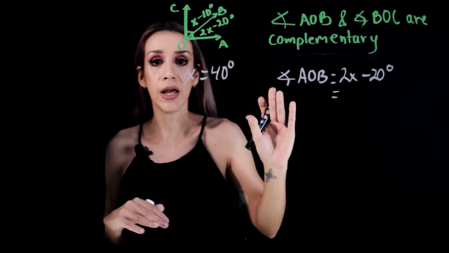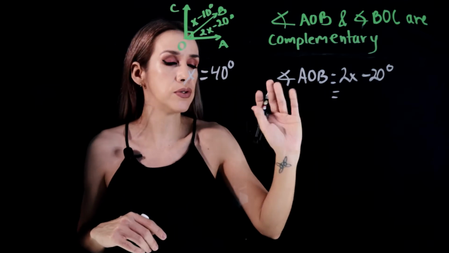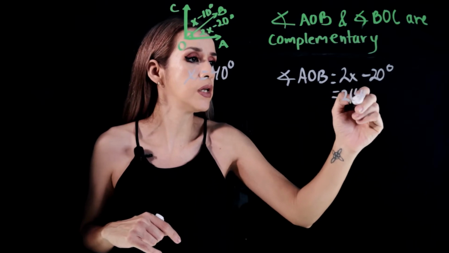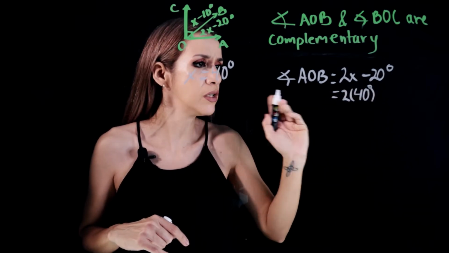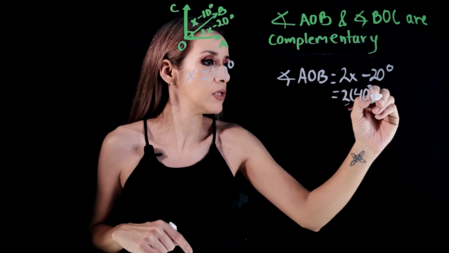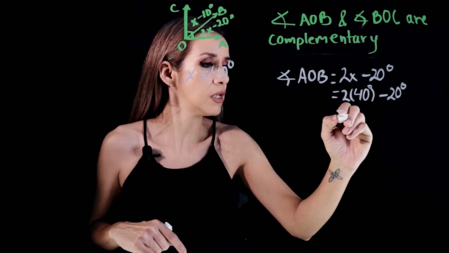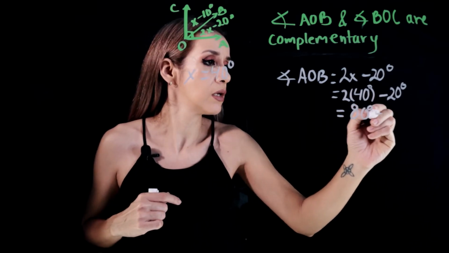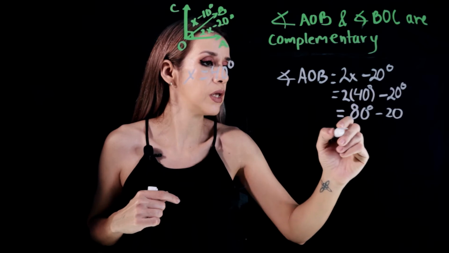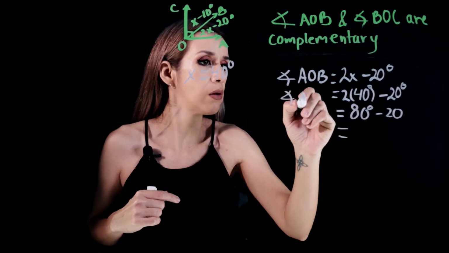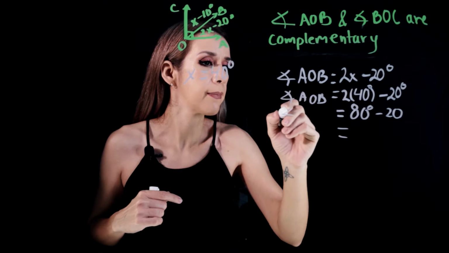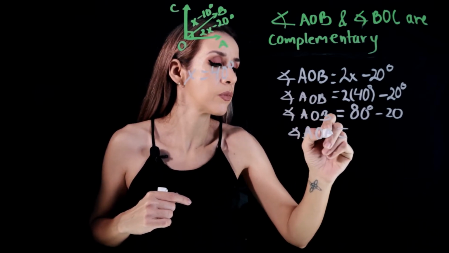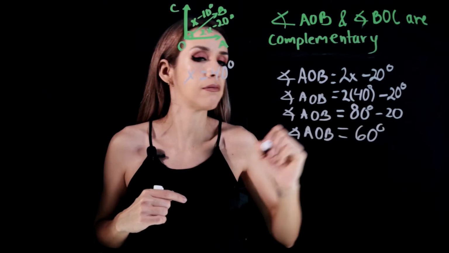We know that x is equal to 40, so we're going to use that value in this part of the exercise. 2 times 40 degrees, don't forget the units. 2 times 40 degrees minus 20 degrees is the same as 2 times 40 is 80 degrees minus 20. The angle that we're looking for, the angle AOV, is equal to 60 degrees.